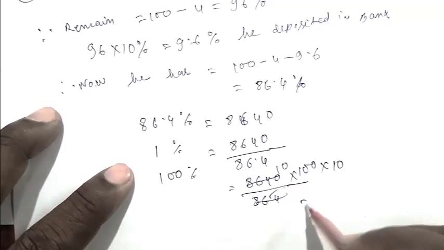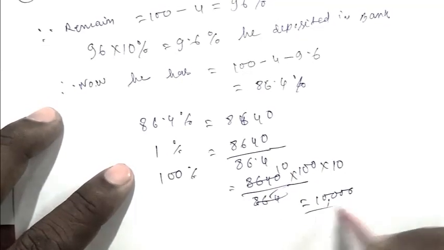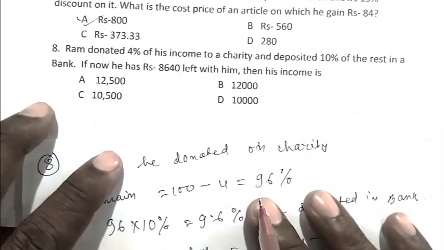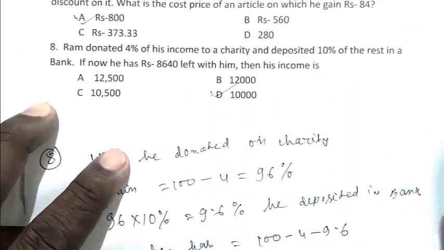So the answer is 10,000. So D is the right answer.